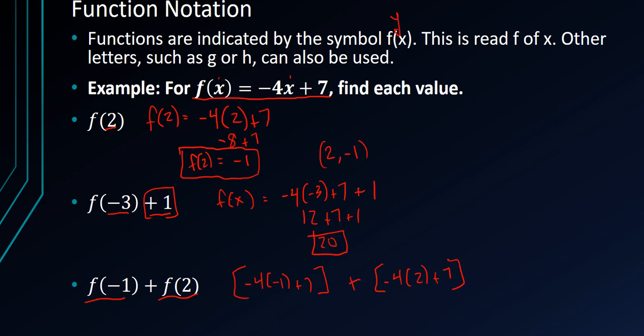So in this first one, I get 8 plus 7, so that's 15, and I get -8 plus 7 in this next one, which we know is -1. So I get 15 plus -1 is 14. So when I put -1 in and 2 in and add those 2 answers, I get 14. And that's all there is for function notation.